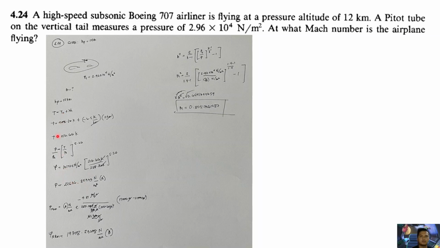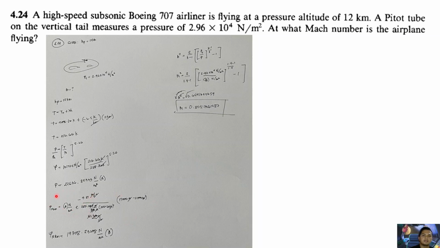Here, we know that the temperature at 11 km is 216.66 Kelvin. So, we got the pressure, which is 22,606.82333 Newton per square meter. Store A. Why do we need to store A? Because we need to use the equation at 12 km, or the isothermal region.